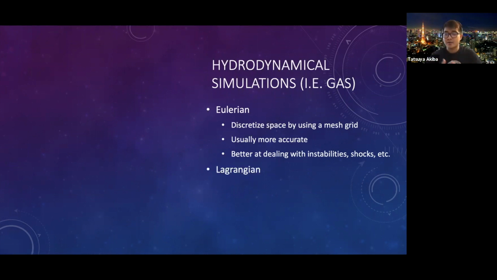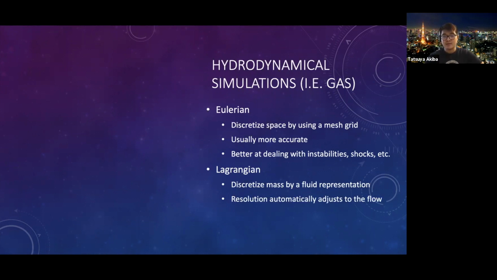But the other way of doing it is the Lagrangian method, where we're going to essentially put a fluid representation of the particles, and we're going to discretize mass instead of space. So one advantage of the Lagrangian method is that because this is a fluid representation, the resolution automatically adjusts to what flow exists locally. Eulerian usually uses a common mesh, and so the resolution cannot be adjusted from place to place.